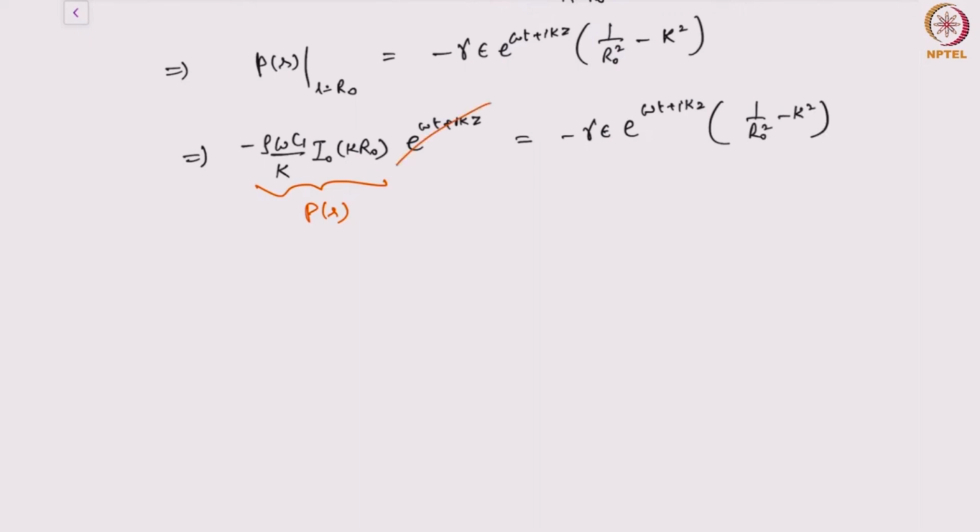I can cancel the epsilon terms out and I have a nice elegant relation which is rho omega C1 by K of I naught by K R naught is equal to minus epsilon times 1 by R0 square minus K square.